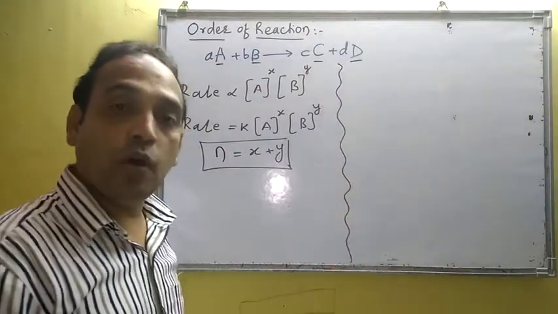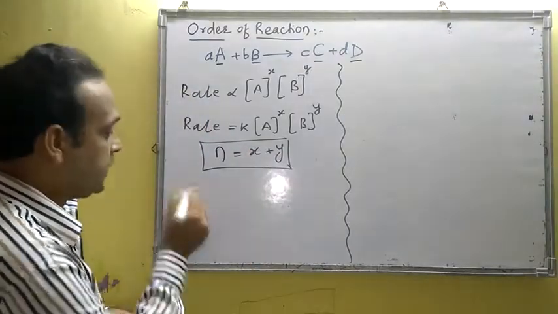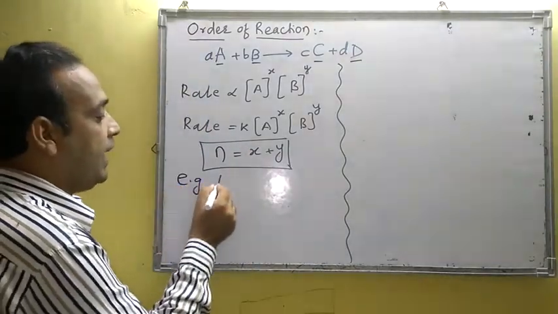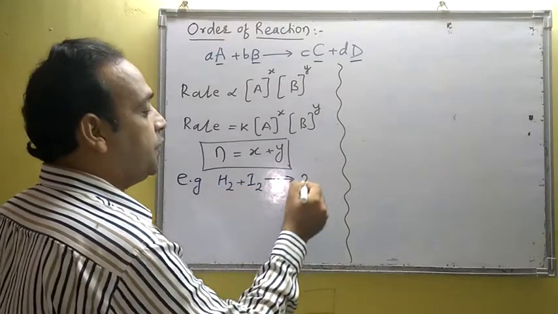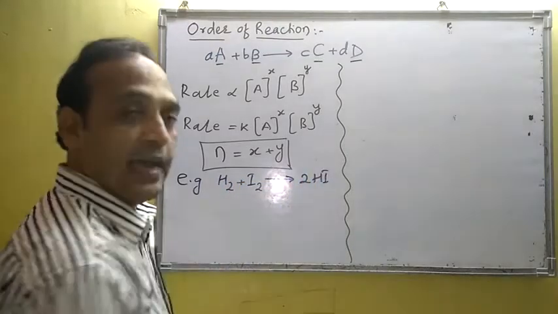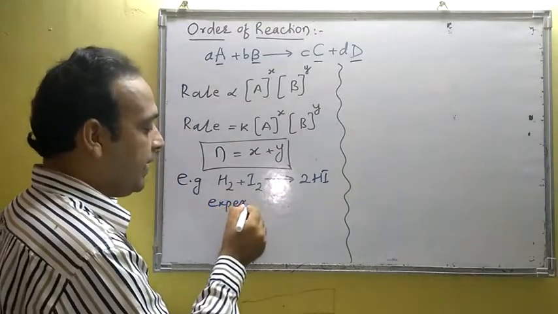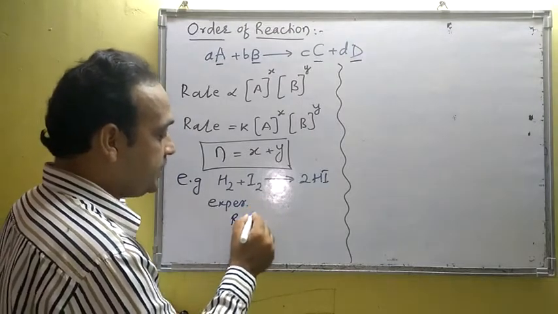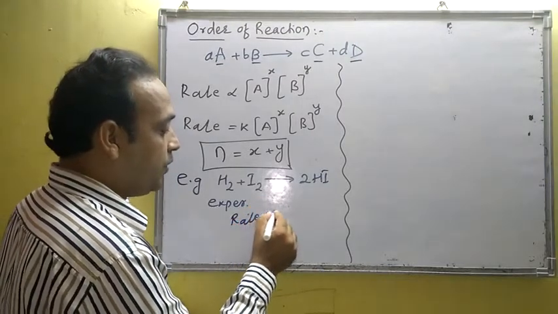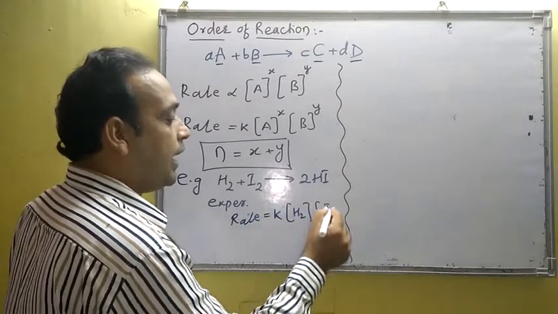What is order of reaction? Now I am giving one example to you. Suppose H2 reacts with I2 to convert into twice HI. Experimentally, it is found that rate is equal to K into H2 into I2.